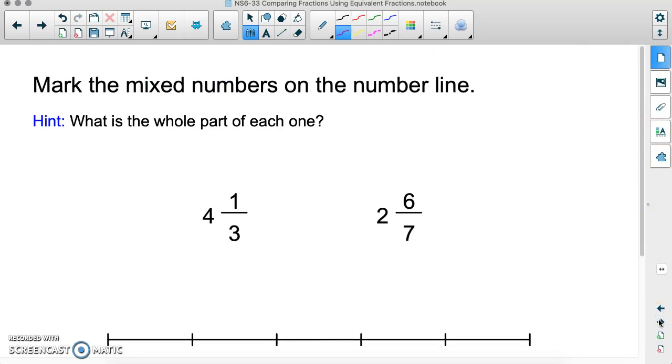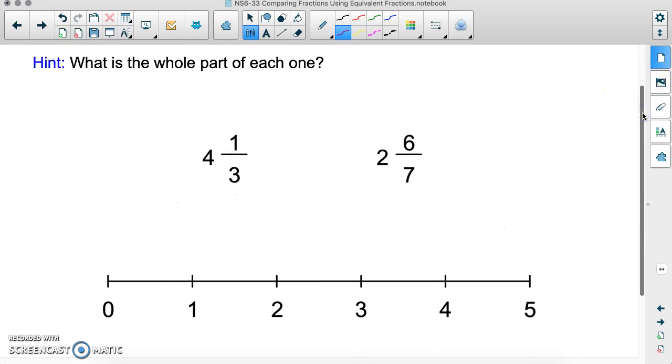Now, we can also compare mixed numbers using equivalent fractions. So we have 4 1/3 or 2 6/7. So what is the whole part of the first mixed number? Well, the whole is 4. What is the whole part of the second mixed number? It is 2.